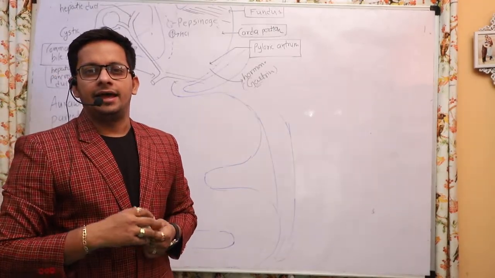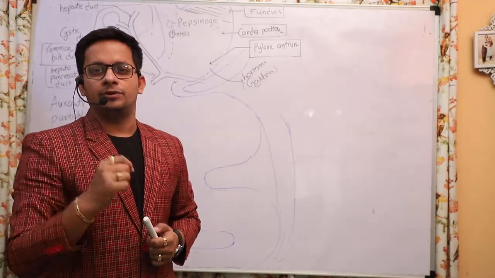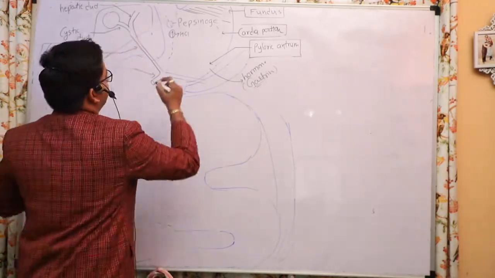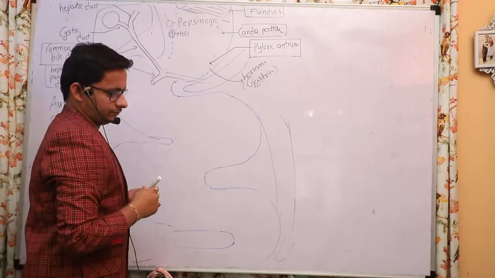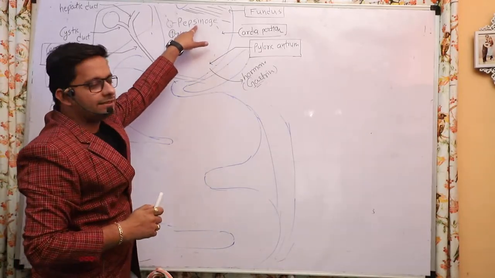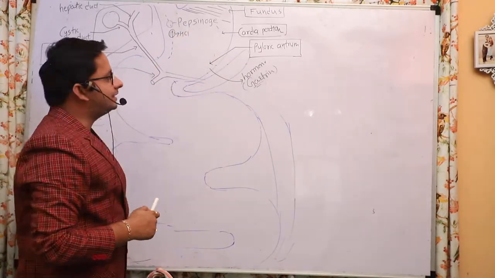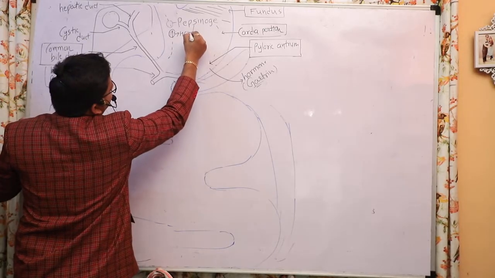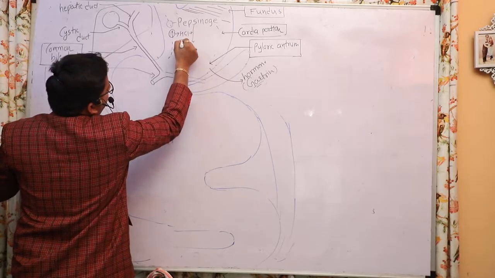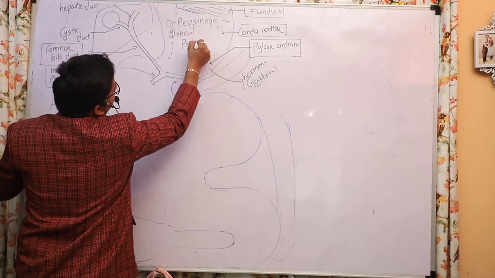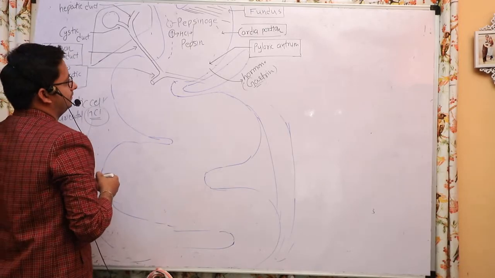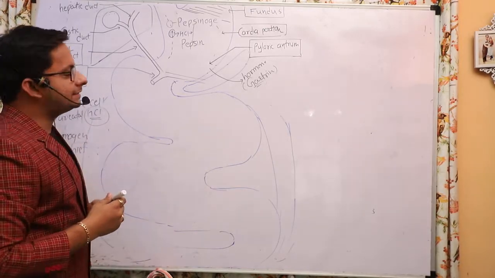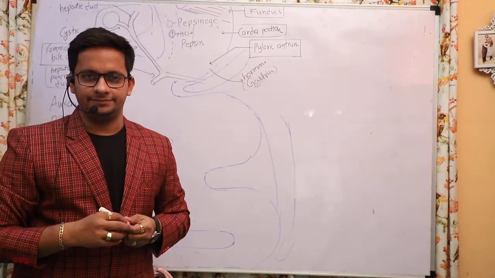Zymogen cell and chief cell are responsible for secreting pepsinogen. This is an inactive enzyme, and this inactive enzyme will be activated by HCl and converted into pepsin. Pepsin is the active form of the enzyme.